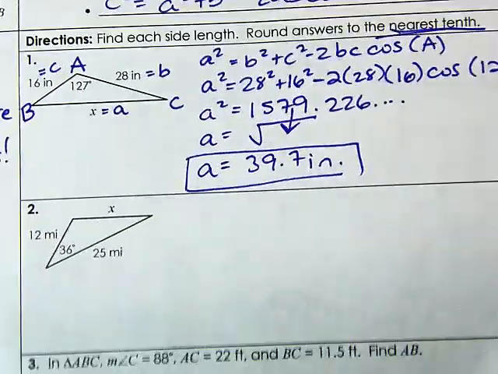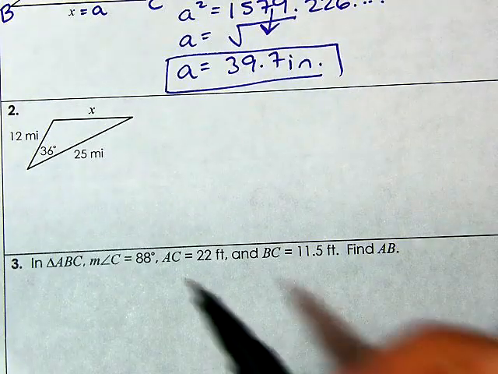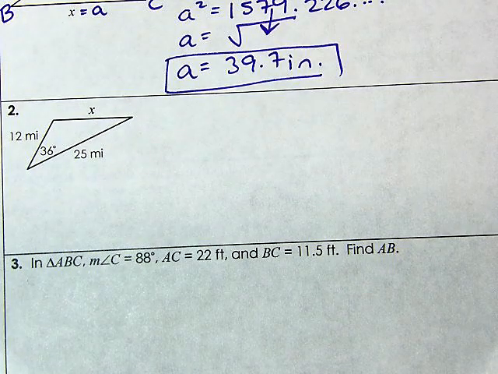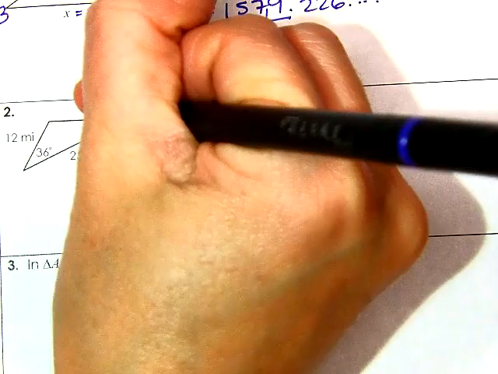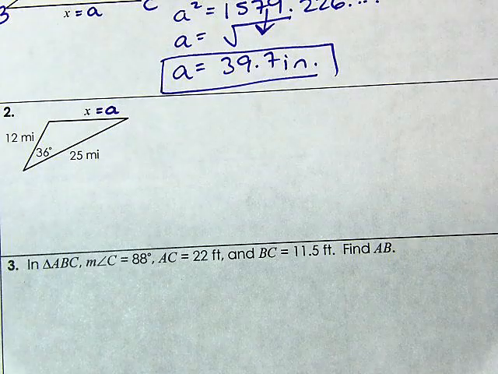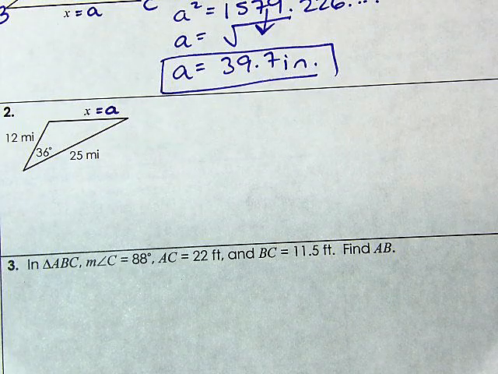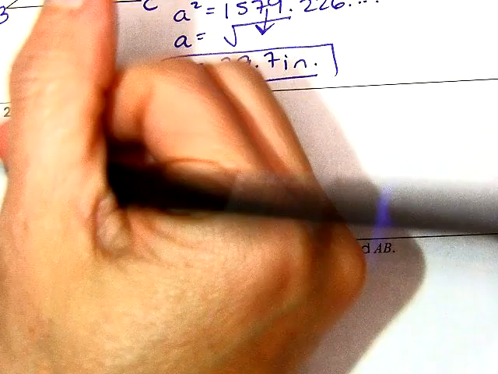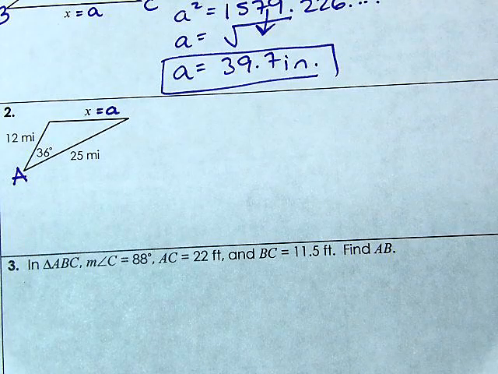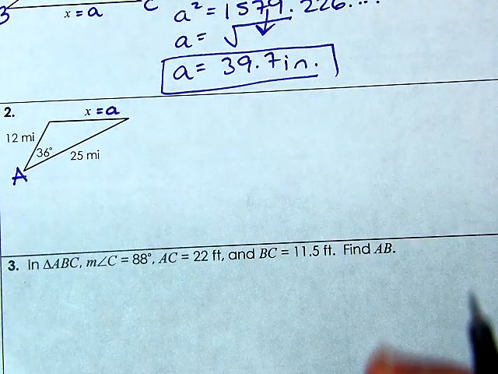Okay, let's take a look at another example. Again, I always just make my missing side A. So that one's going to be A because that's where my missing side is. That means across from it is angle A. And I can label the others either way I want.